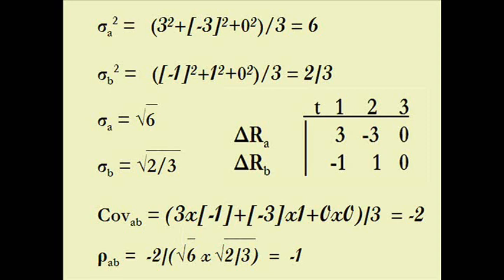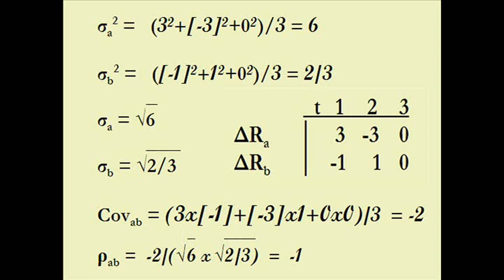And so that would be the -2 divided by the square root of 6, and again divided by the square root of 2/3, and that's the square root of 4, which is 2, and the -2 gives us a -1. The correlation is -1. And you know what? Looking back at that graph, that's what we would think.